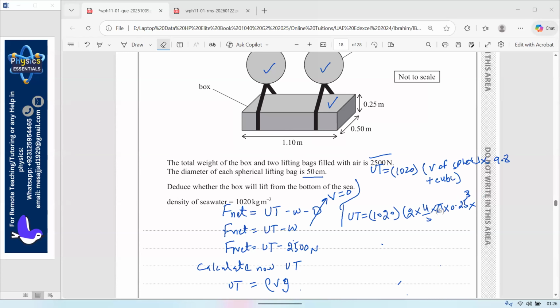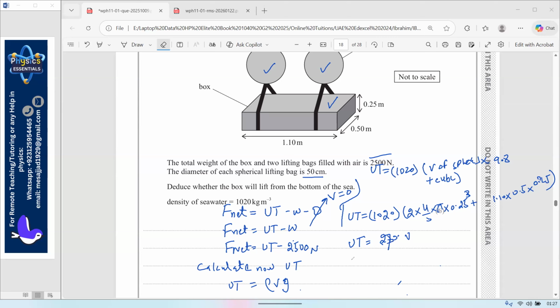And then plus 0.10 times 1 times 0.5 times 0.25. When we multiply all of them together, our answer is going to be 2700.